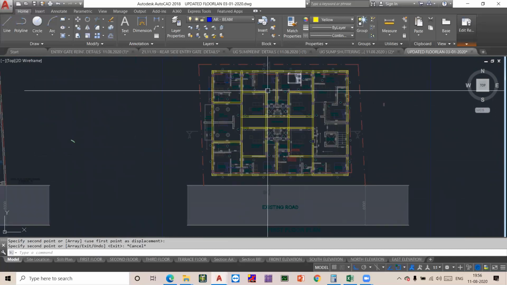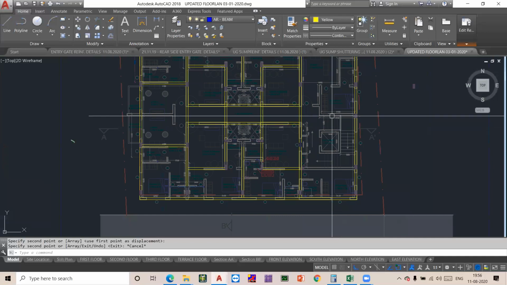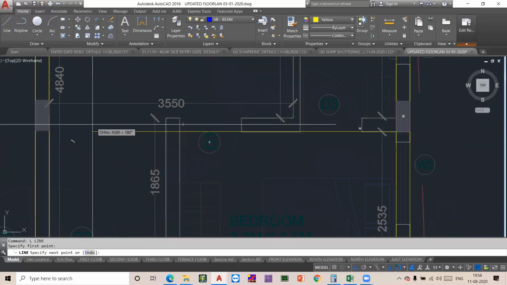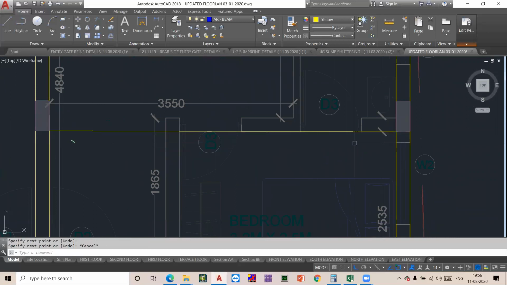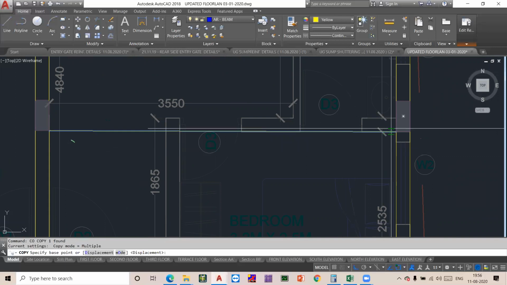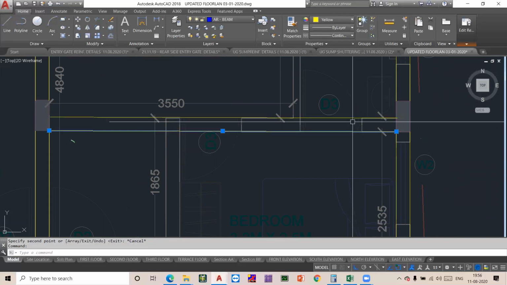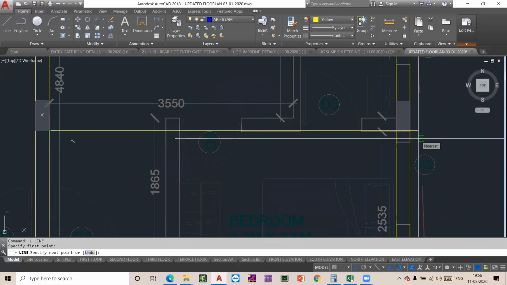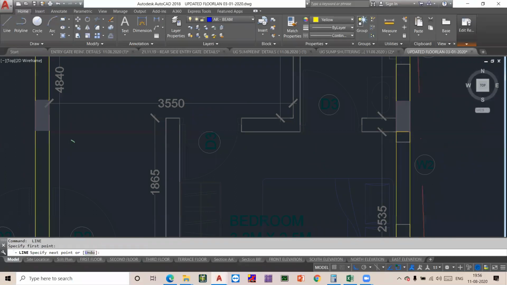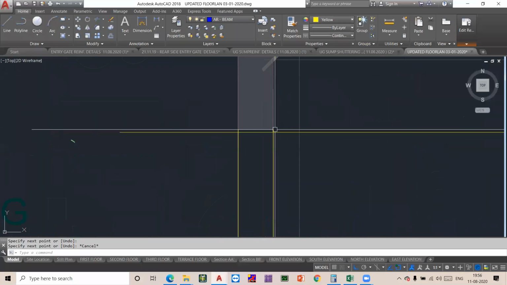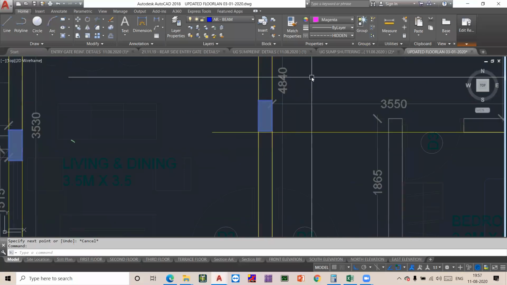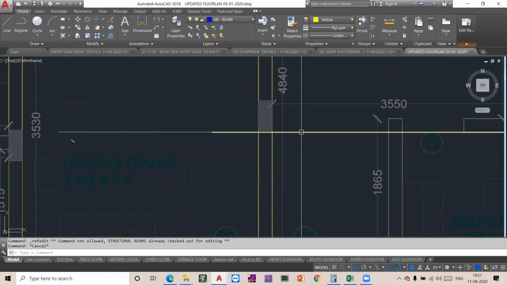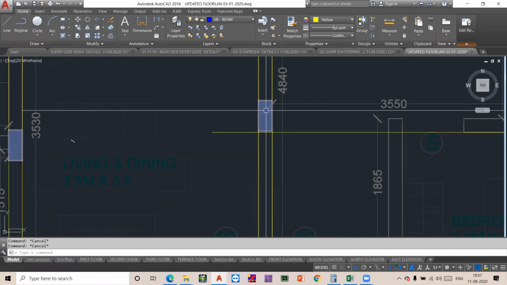So most of this area is now completed, and the only leftover is this, which we will be... there is some error in the line drawing. Okay, you can notice we need to reposition this column. See, when I am inside the structural beam block, I cannot edit even the column.